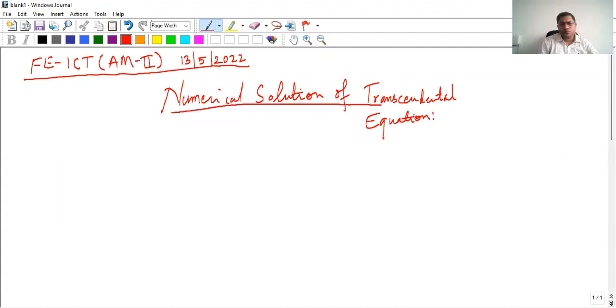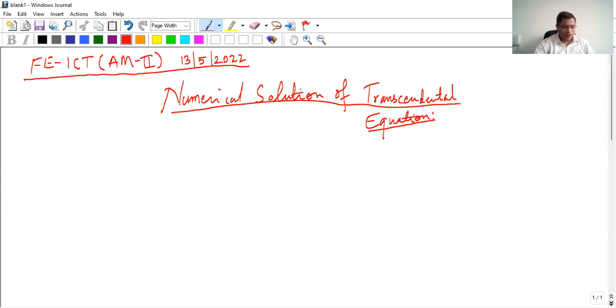Most of the time we are familiar with polynomials, but there are more functions than the polynomial also. For example, we have sine, cosine, or in general trigonometric functions. We have logarithmic function. We have exponential functions.